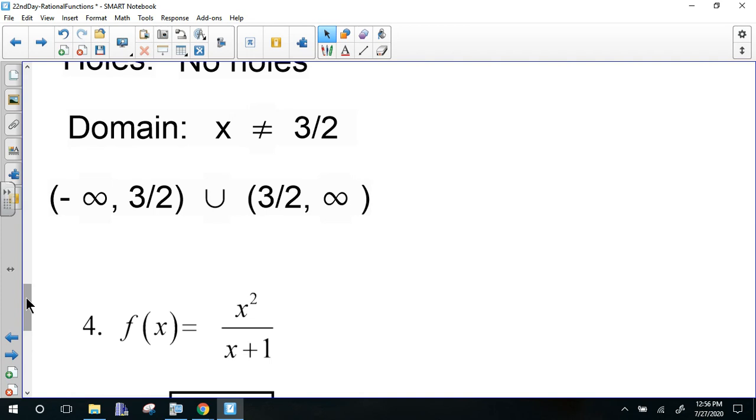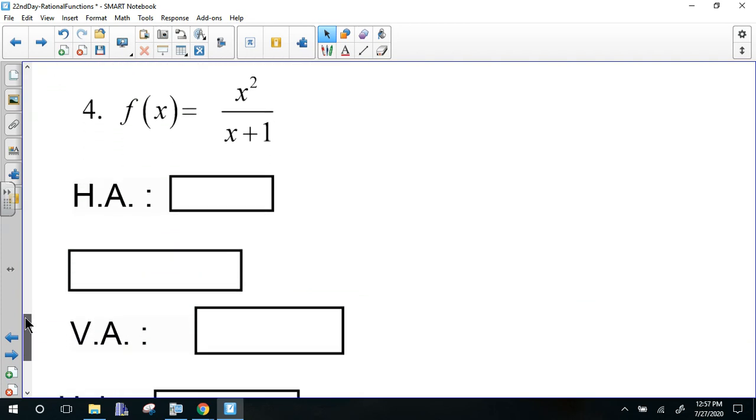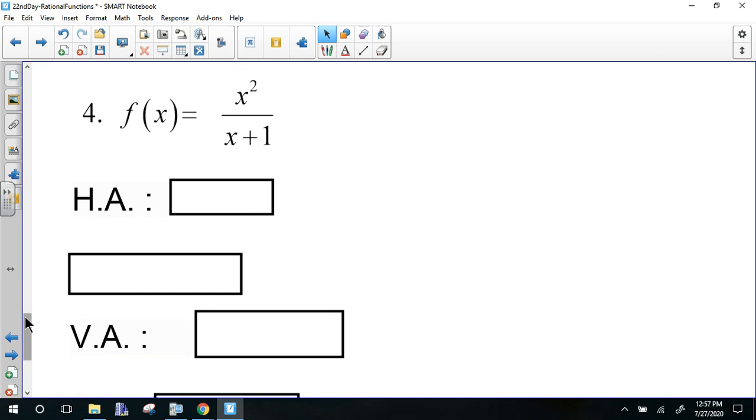All right, I believe this is the last example. Horizontal asymptote. We have an exponent of 2 in the numerator and an exponent of 1 in the denominator. There is no horizontal asymptote.